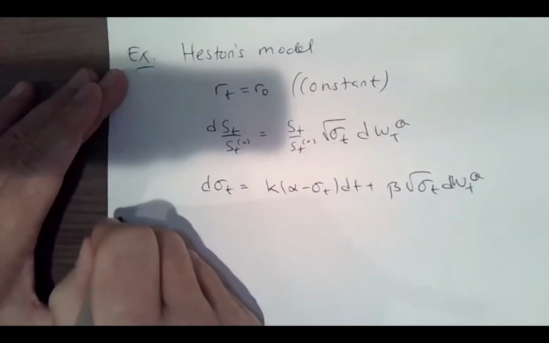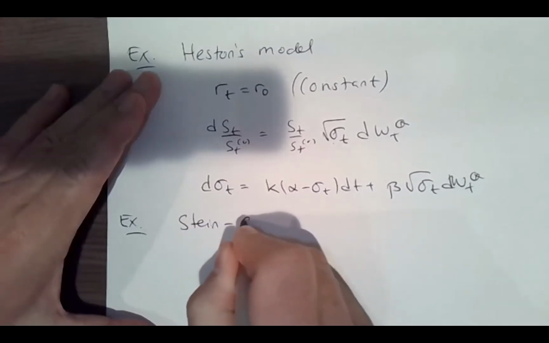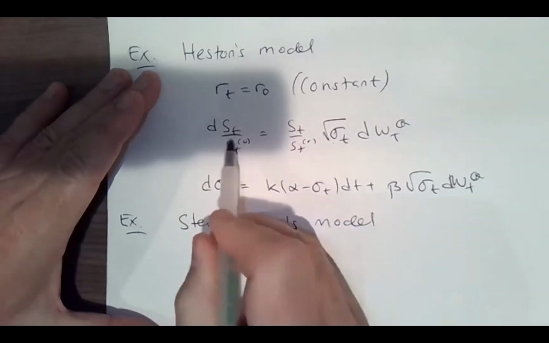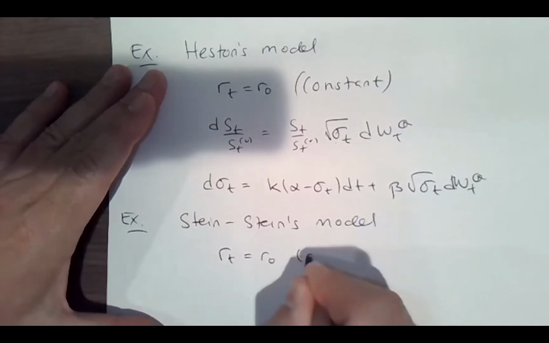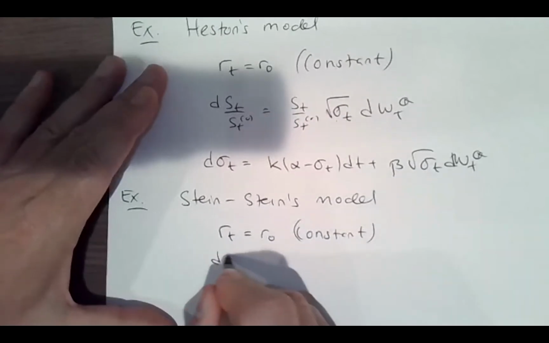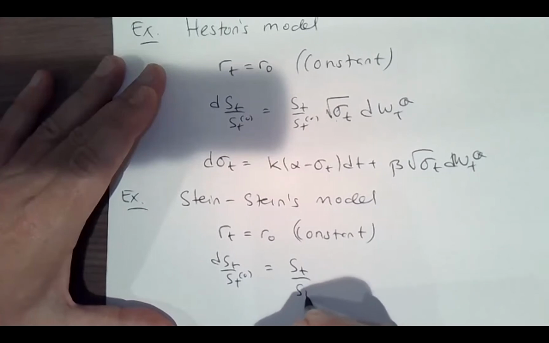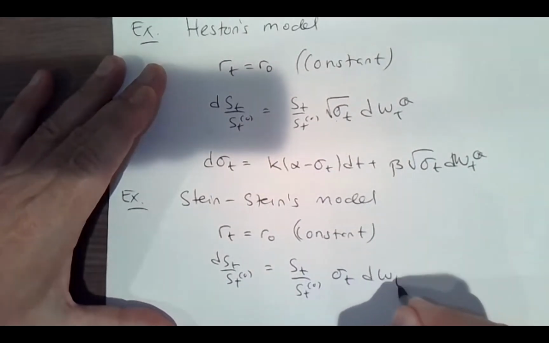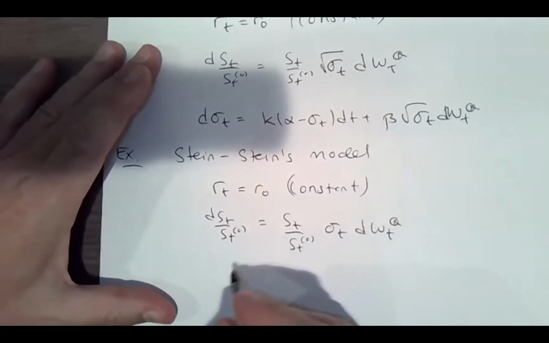There's another one called Stein and Stein's. It's exactly like the one we have up here. R is a constant, and dst over st0 is, instead of the square root of sigma t, you put sigma t dwtq. But then instead of a square root process, you just have an Ornstein-Uhlenbeck.